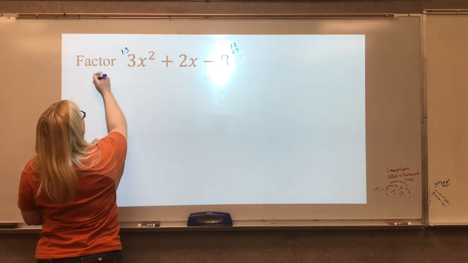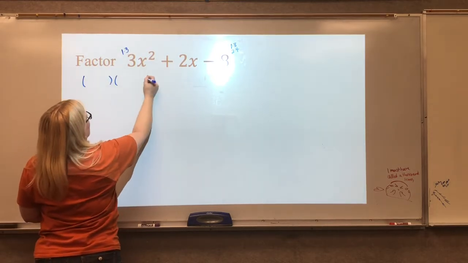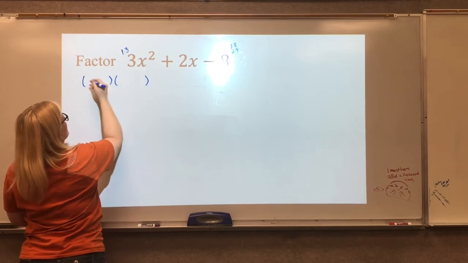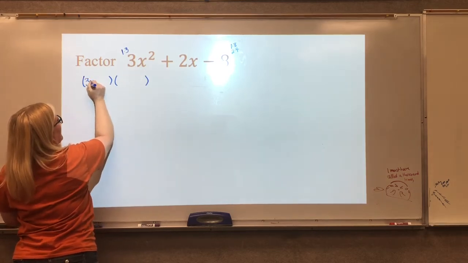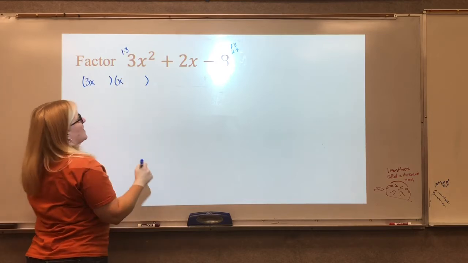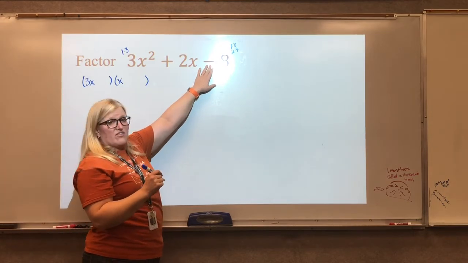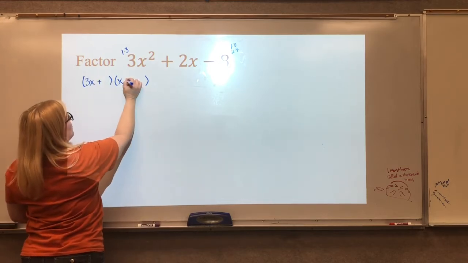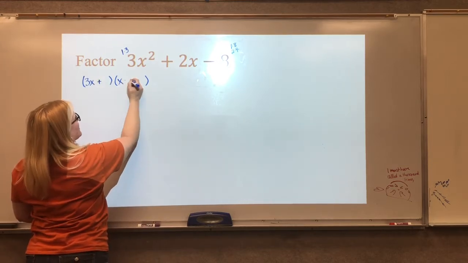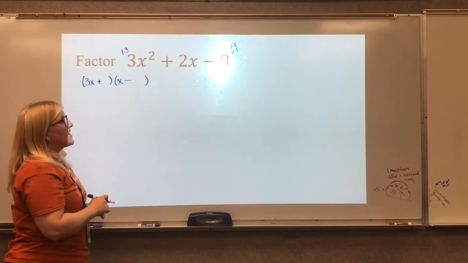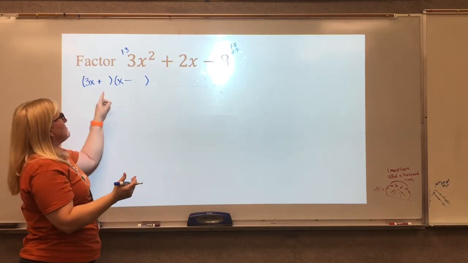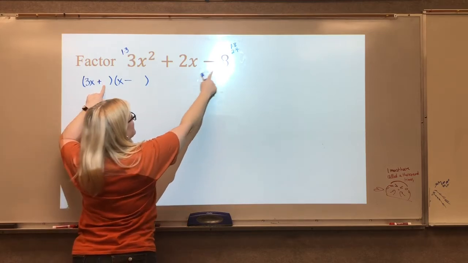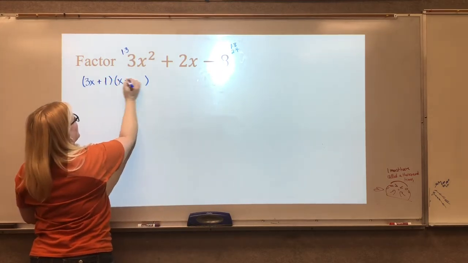I need two things that multiply to give me 3x squared, so one's going to be 3x, the other one's going to be x. Now I have a negative here, so I know that one's going to be negative and one's going to be positive. Let's try a 1 and an 8, because 1 times negative 8 is negative 8.